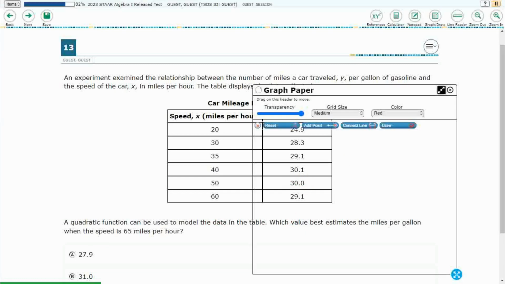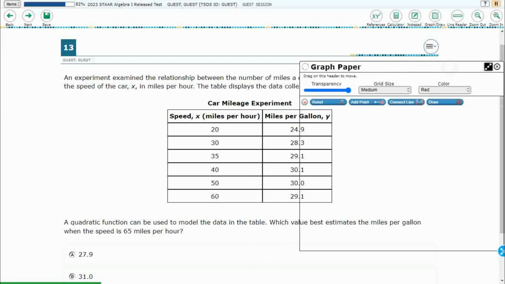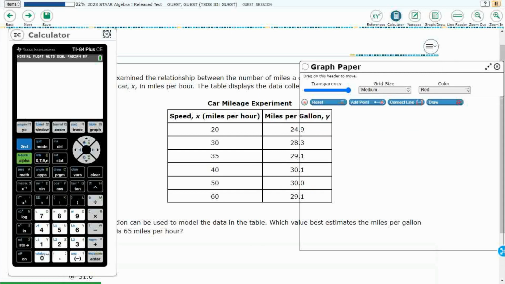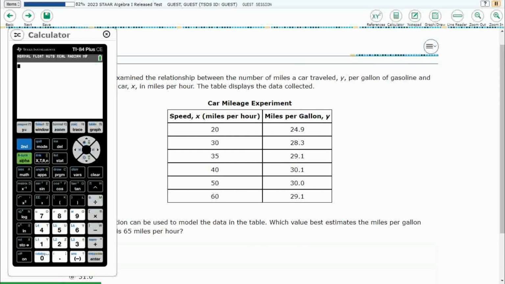So let's go ahead and pull out our calculator, because we can actually use our technology here. We are going to go into stat, edit, and use these as our list 1 and list 2. We're going to enter all of our L1 as our x coordinates: 35, 40, 50, and 60.